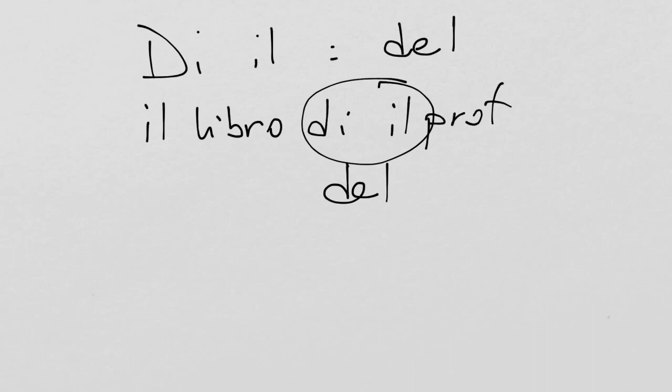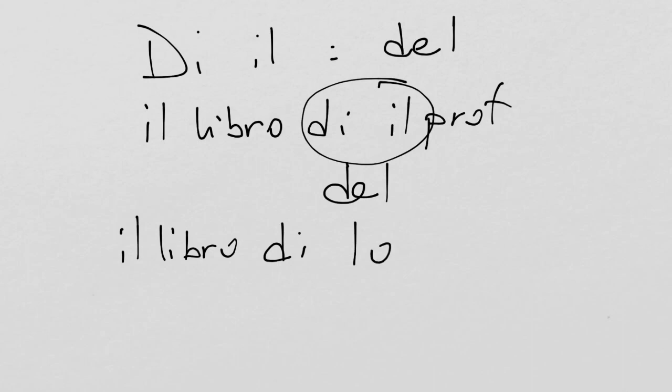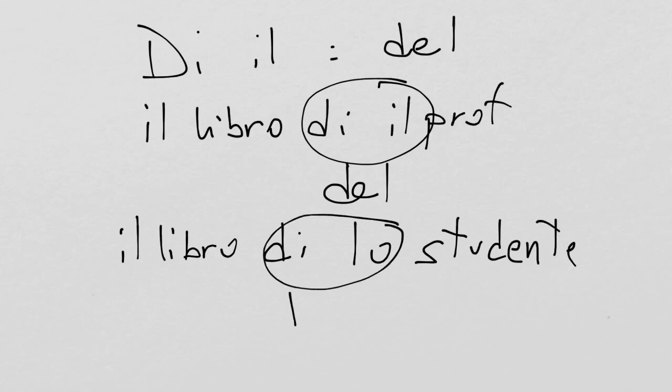The contraction, di plus il generates del. Let's do it now with a word that requires lo, and with a great flight of imagination we are going to use lo studente. So we have il libro di lo studente. Di lo becomes dello with a double L. Pay attention to the double L.